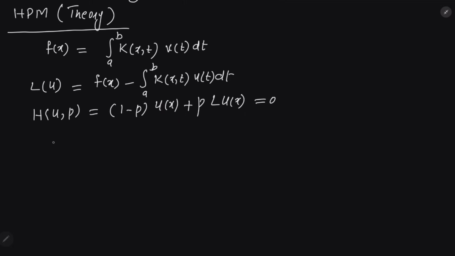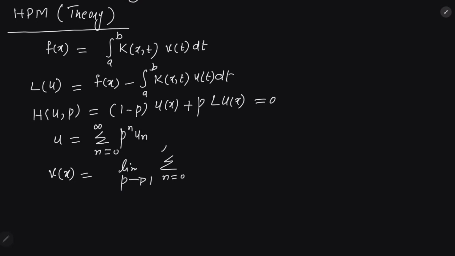Our solution is u is equal to sum n from 0 to infinity of p^n u_n. This is our solution. And at the end we get v of x as the limit as p approaches 1, where we apply this on u, the sum from 0 to infinity of p^n u_n.